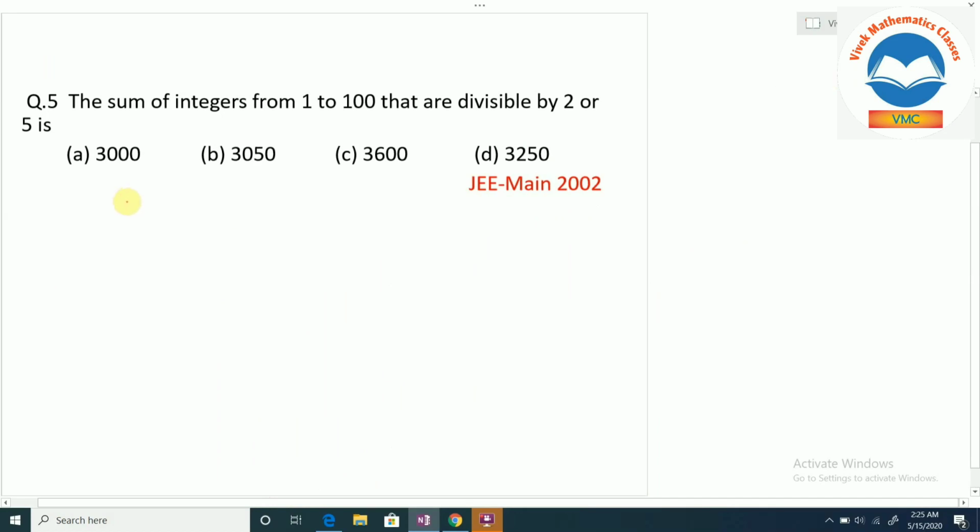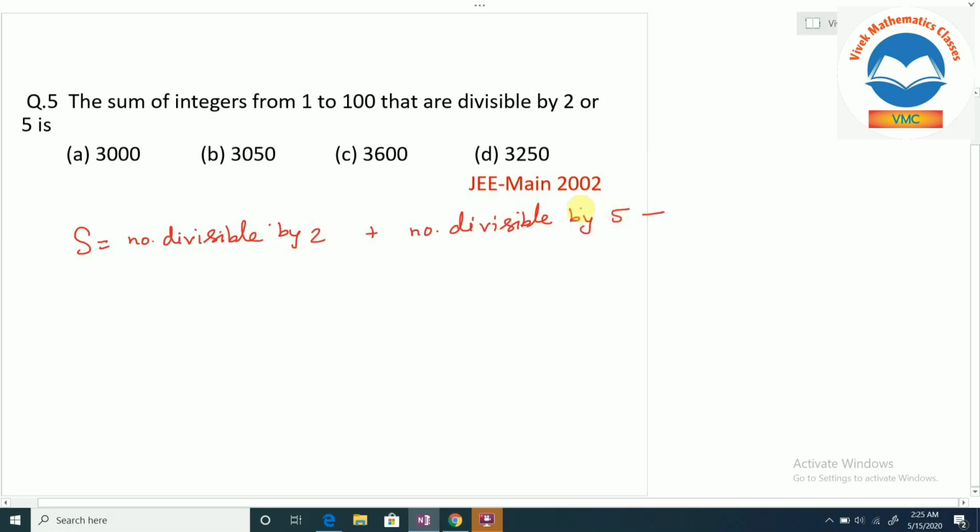They are asking for the sum of integers from 1 to 100 that are divisible by 2 or 5. We have already done this type of question. So what will be this S? S will be the sum of the numbers which are multiples of 2, that is numbers divisible by 2, plus numbers divisible by 5.